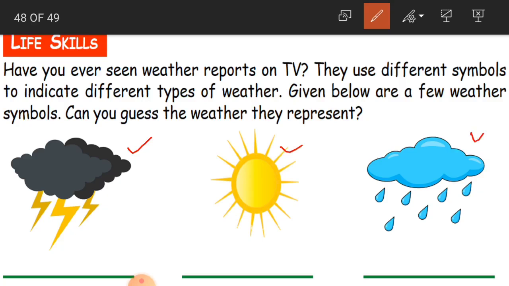So your work is to identify the weather symbol for these particular weathers in the picture in front of you. Clear? Try to watch the weather report on TV and find it out and label it.